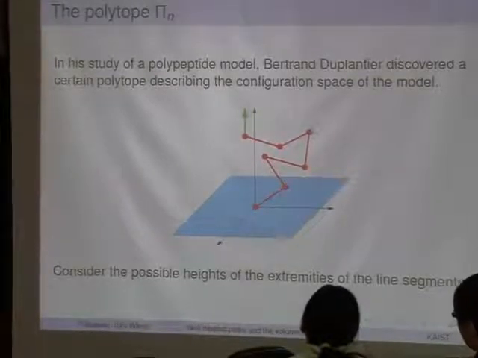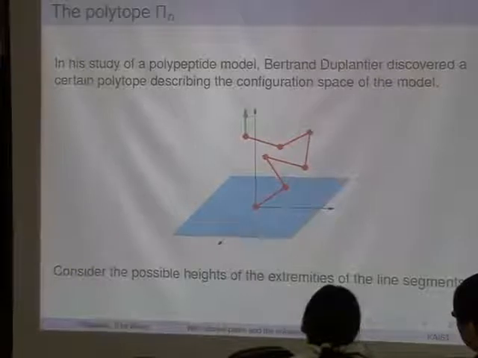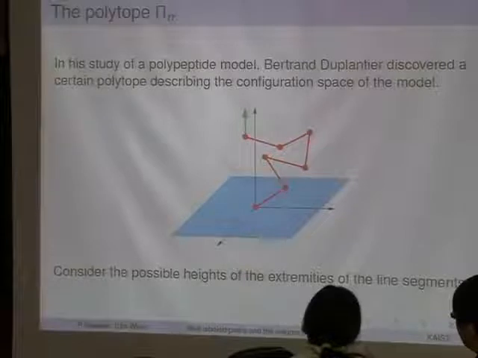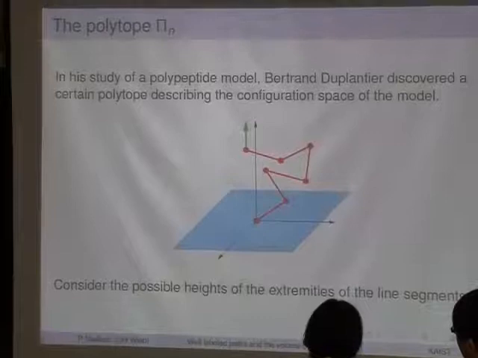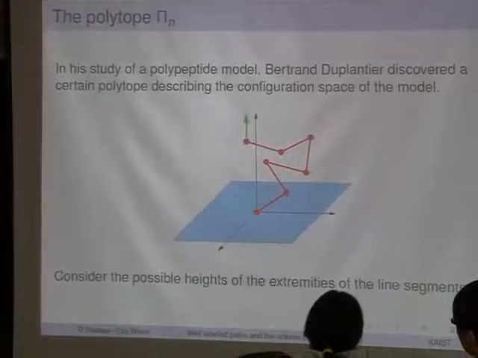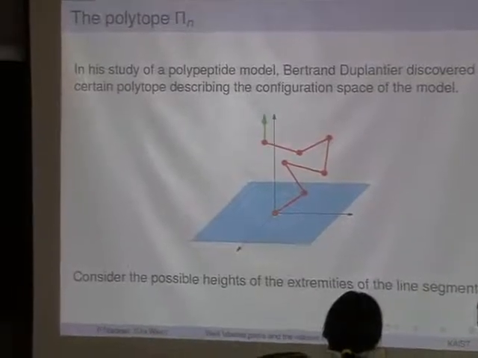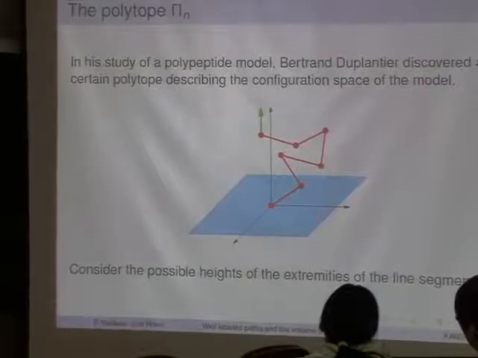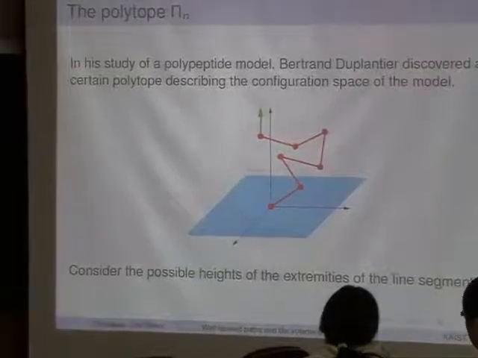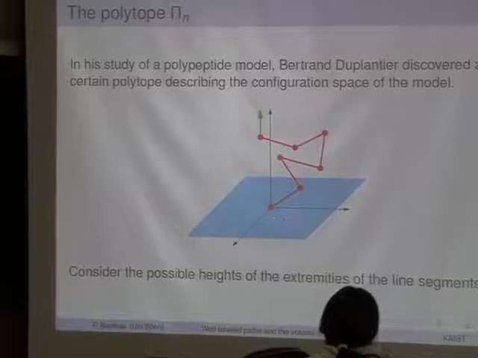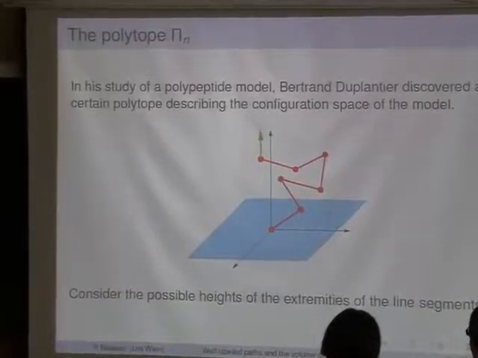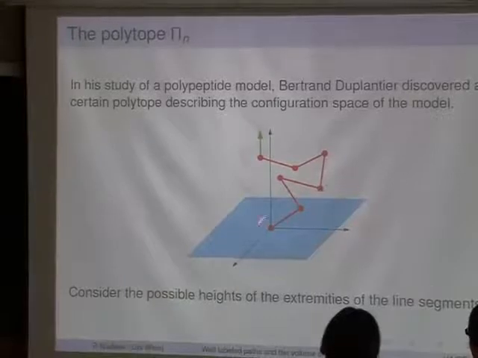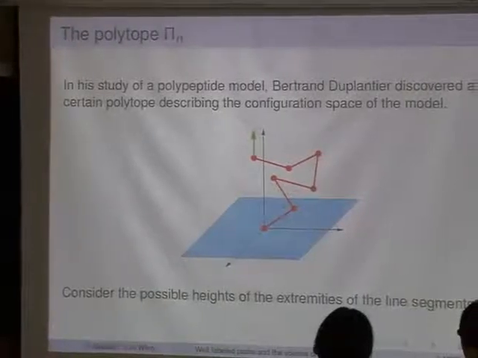The next one has to be at most 1 from the first one, of course, because it's attached, etc., etc. So if we call the different heights x0, x1, x2, x3, we'll have some inequalities. And plus, I want this to be bounded below by the xy plane, so all the coordinates that I described have to be positive.